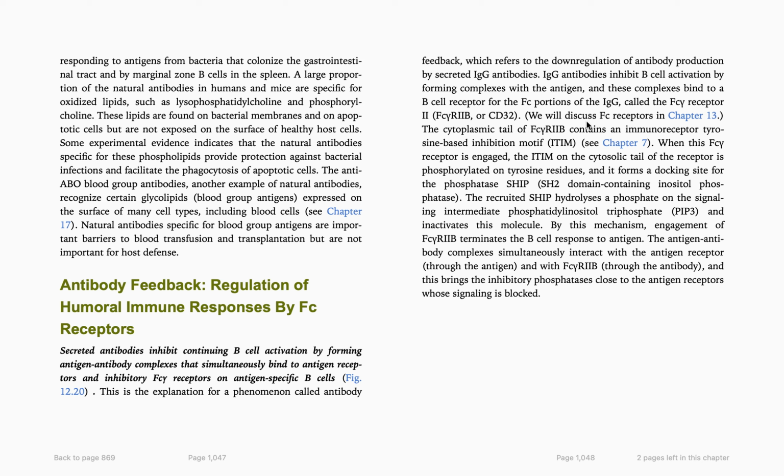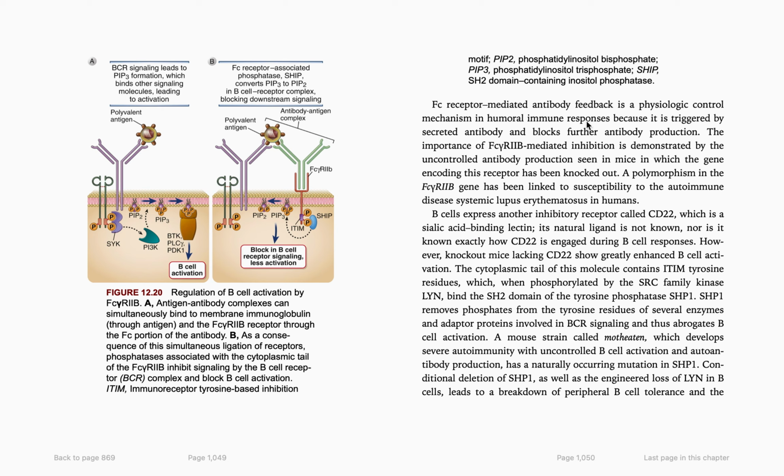The antigen-antibody complex simultaneously interacts with antigen receptor through the antigen and with Fc receptor through the antibody. And this brings the inhibitory phosphatase close to antigen receptor whose signaling is blocked. So to explain this concept, BCR signal leads to PIP formation, which binds other signaling molecules leading to activation. This polyvalency you see.